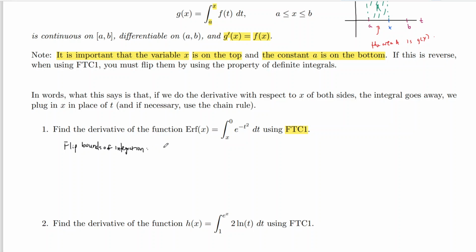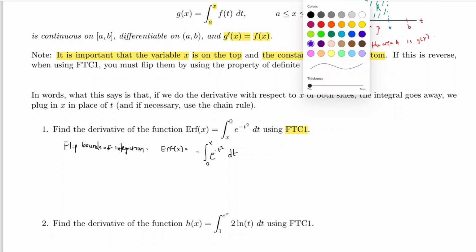And we know we can do that. So we can make the x go on the top, 0 go on the bottom, leave our function the same inside. Don't forget your dt, by the way, so that gives us the letter that we're integrating. But we just have to make up for it by having a negative. That was one of our properties in the last section.